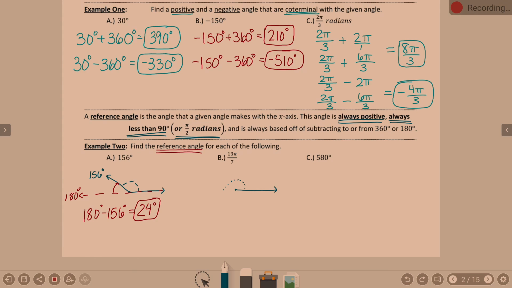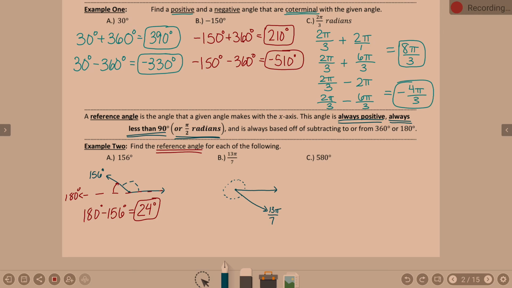If I'm going 13 pi over 7, I'm going to go over here, and I'm going to stop shortly before I get to 2 pi. So right here, this is approximately 13 pi over 7. In reality, I probably should have gone a little bit farther, but okay. So use that reasoning of where it is in relation to 1 pi or 2 pi. 13 pi over 7 is almost 2 pi.